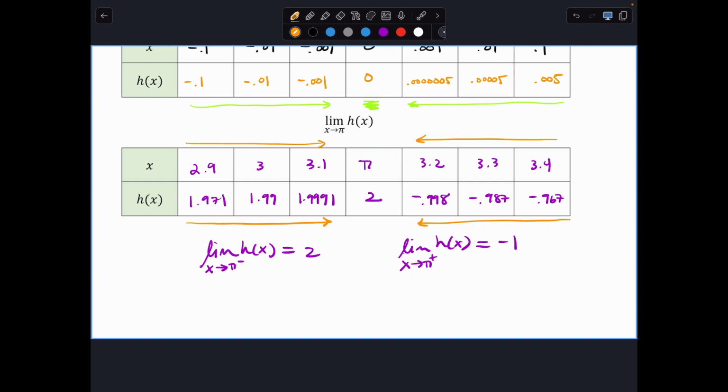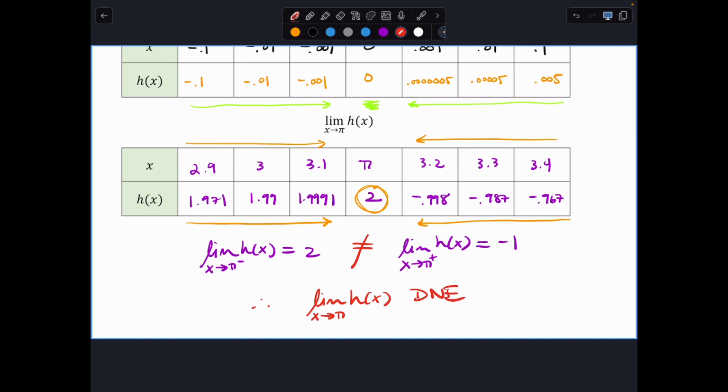Even though the function value is 2, from the right-hand side, we're paying attention to what h of x is trending towards. So those one-sided limits are not equal to each other, therefore, the limit as x approaches pi of h of x is DNE.